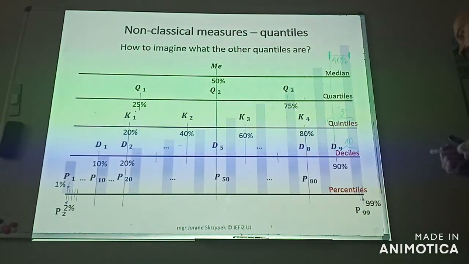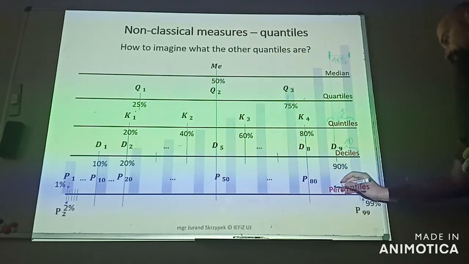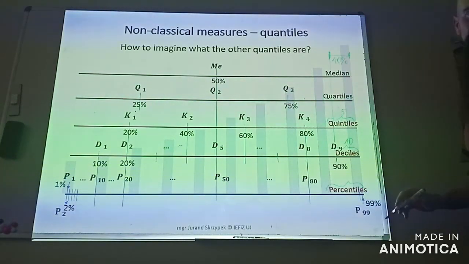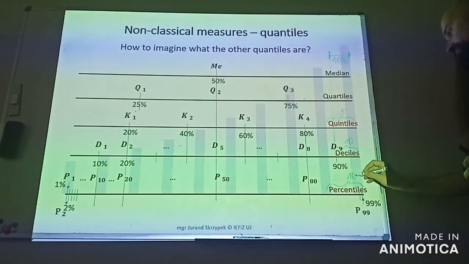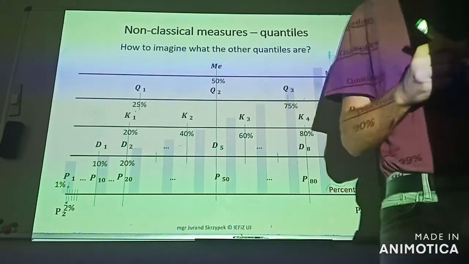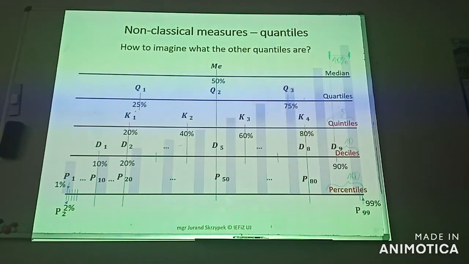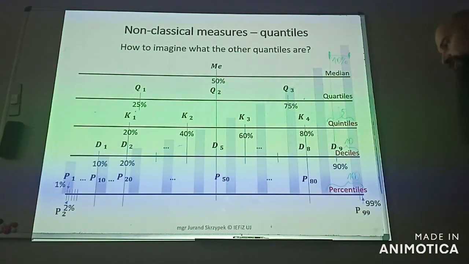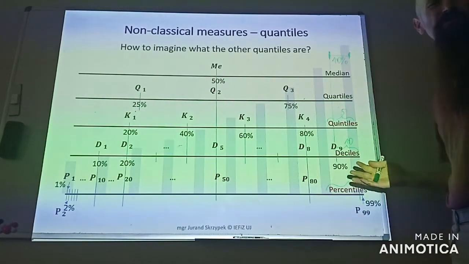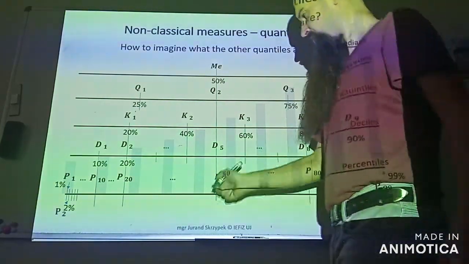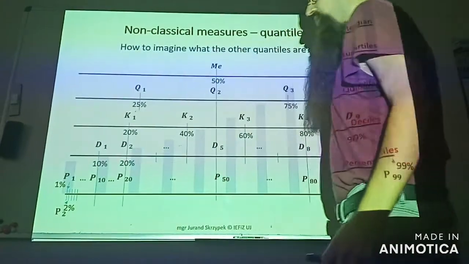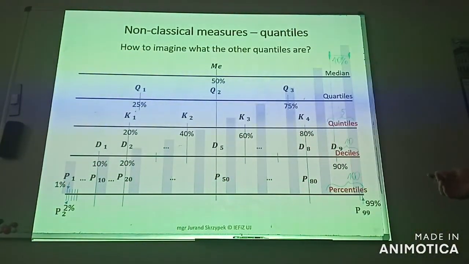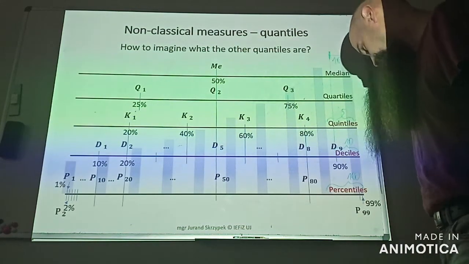And the last group, we have the percentiles. Percent means dividing something per 100, yeah? We have 99 percentiles and 100 percentile groups. It means that we are very flexible in the indication of the position in the statistical series. We have 99 measures here to utilize.